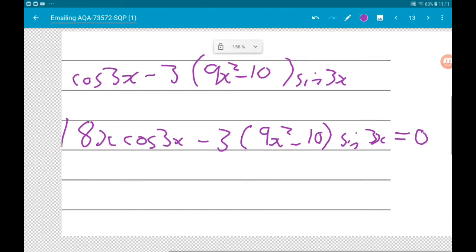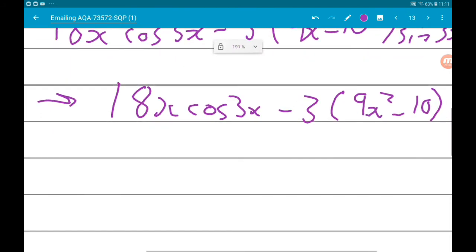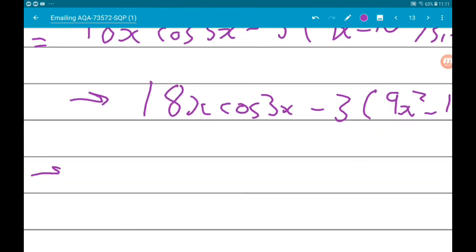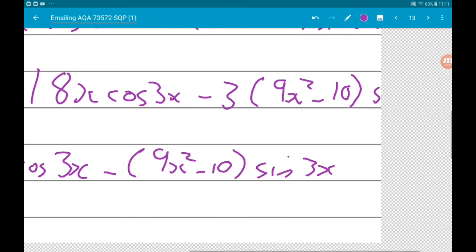Now we have a common factor of 3, so let's divide that away. So we get 6x cos 3x minus 9x squared minus 10 times sine of 3x is equal to 0.